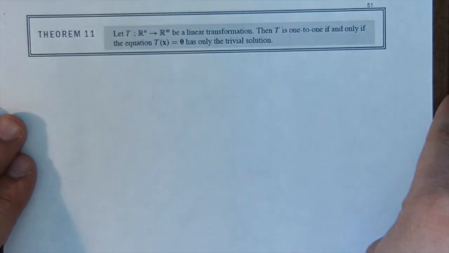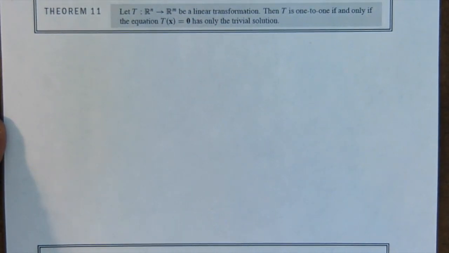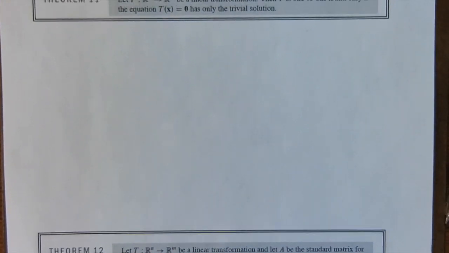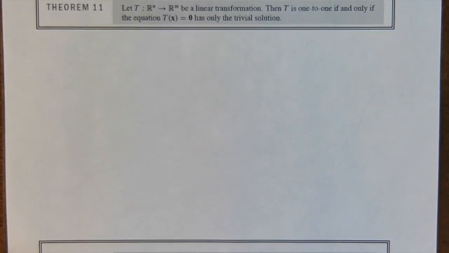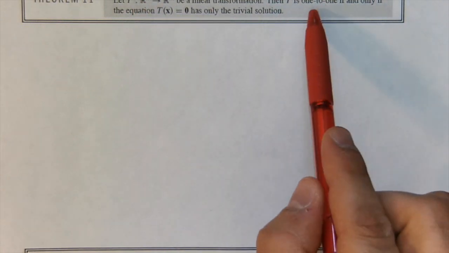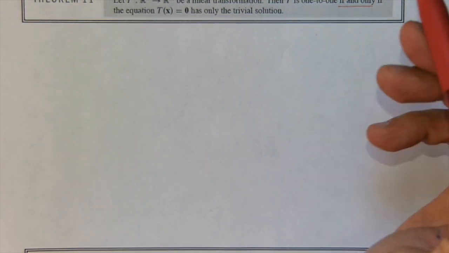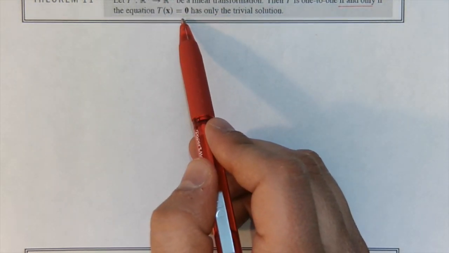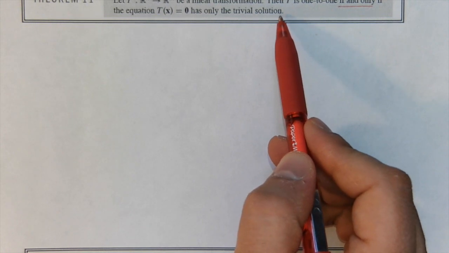So one result that we get from these ideas is the concept that a linear transformation is one-to-one if and only if the transformation equaling 0 has only the trivial solution.